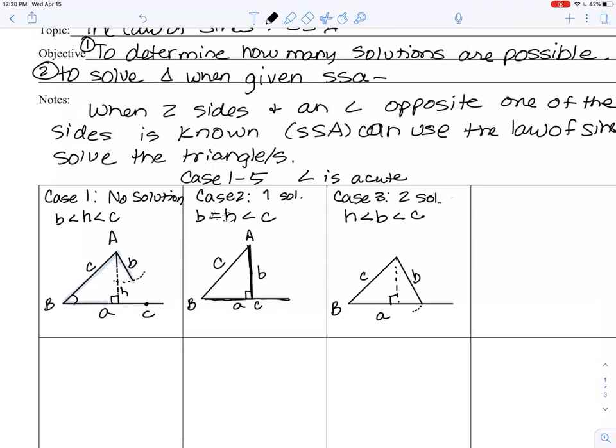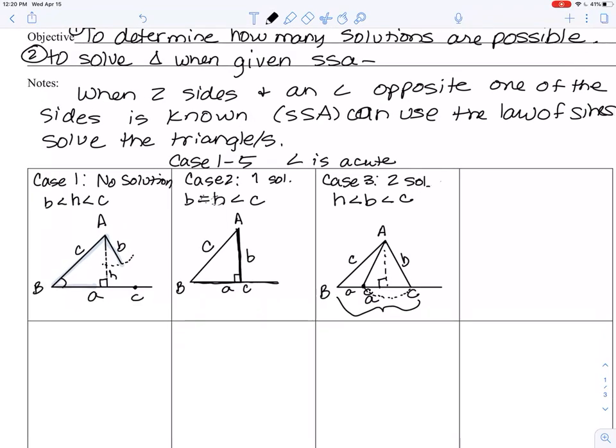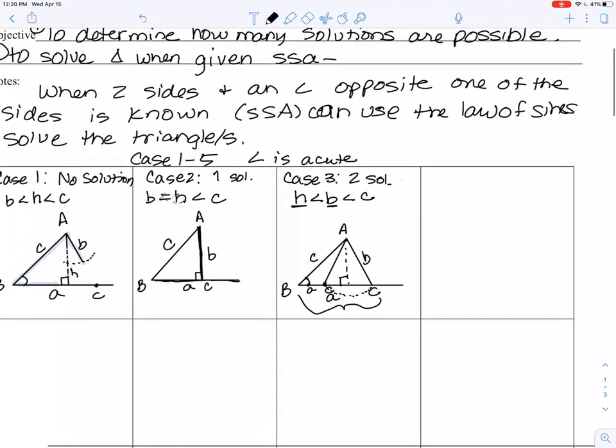But if you rotate it around in an arc, it'll also hit the other side here. So this could be side A here and angle C, or angle C here and side A could be this whole thing. So you could get 2 possible solutions in that case. So when the height is shorter than side B, and they're both less than side C, you get 2 solutions. Okay, here's case 4.